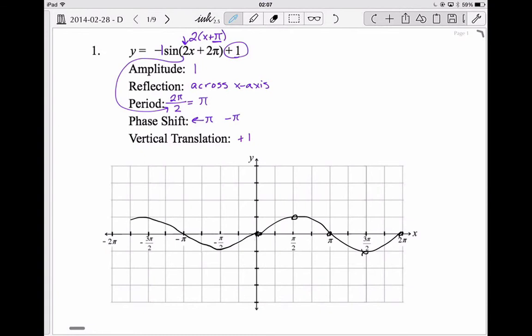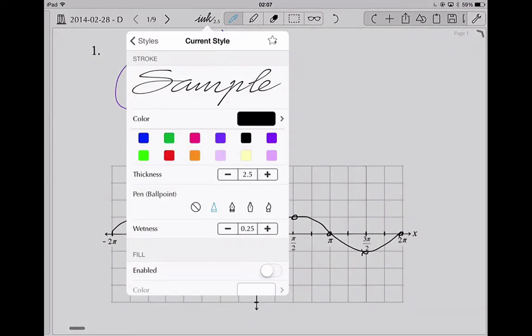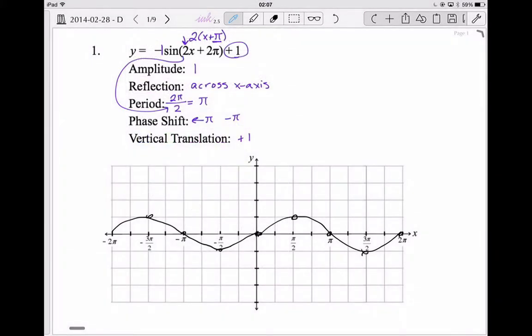Wee. So like that, except, you know, smooth and awesome. Okay. So there are several things happening with this function. Our amplitude is 1, so that didn't change, but I need to reflect across the x-axis. So I'm just going to reflect all these points across the x-axis.